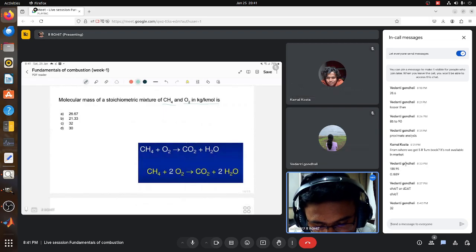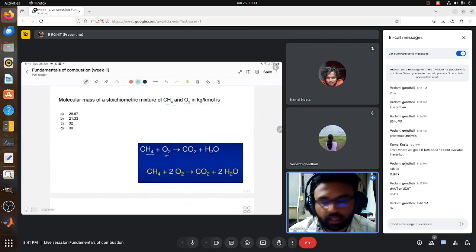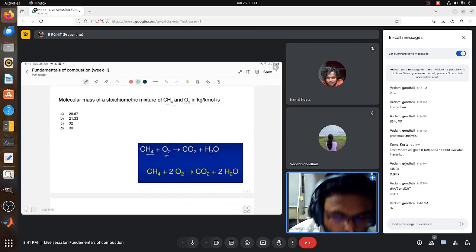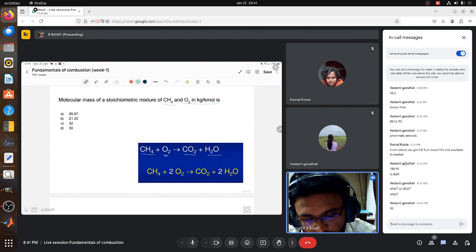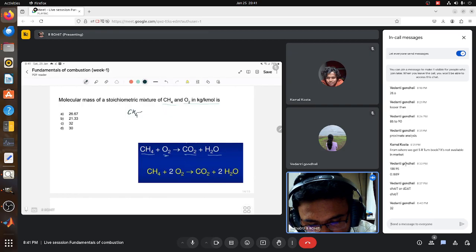So you have initially methane and you have oxidizer gas. For the stoichiometric mixture, we consider that theoretically complete combustion is happening. So your outlet products should be carbon dioxide and water completely. You are not neglecting any smaller things. Initially we don't know how many moles there are, so I say A moles of oxidizer I used. I should get B moles of carbon dioxide plus some C moles of water vapor.